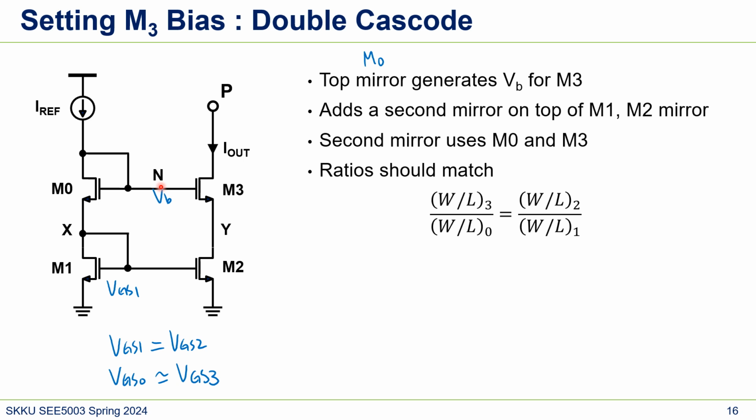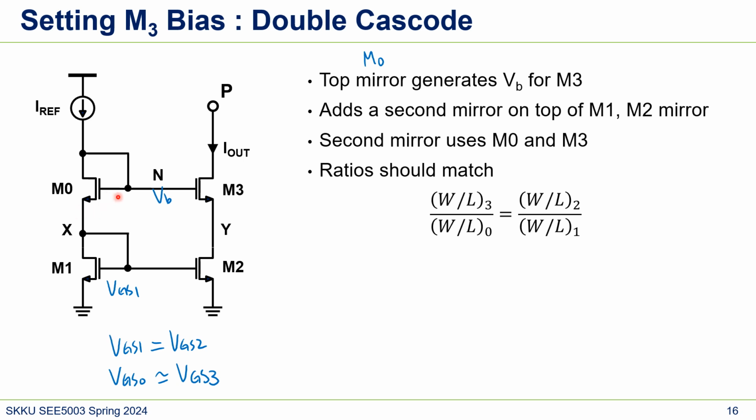Well, there is channel length modulation, but it's not a huge contribution to the current. They do contribute, but still VGS is the main cause.